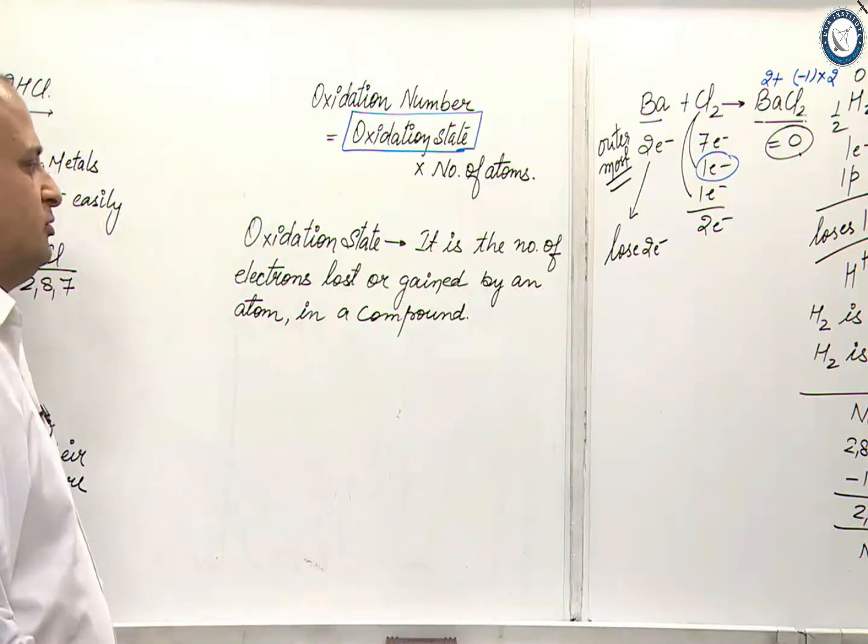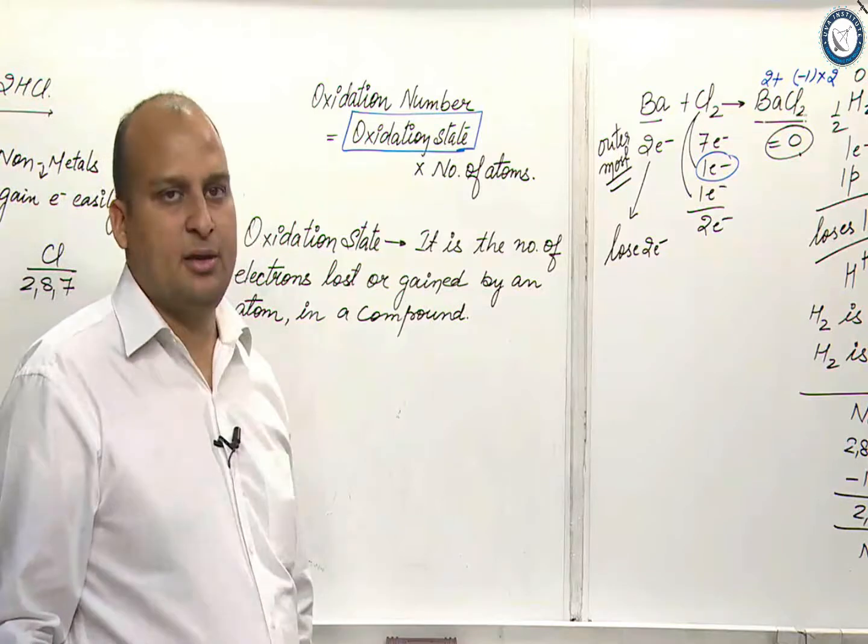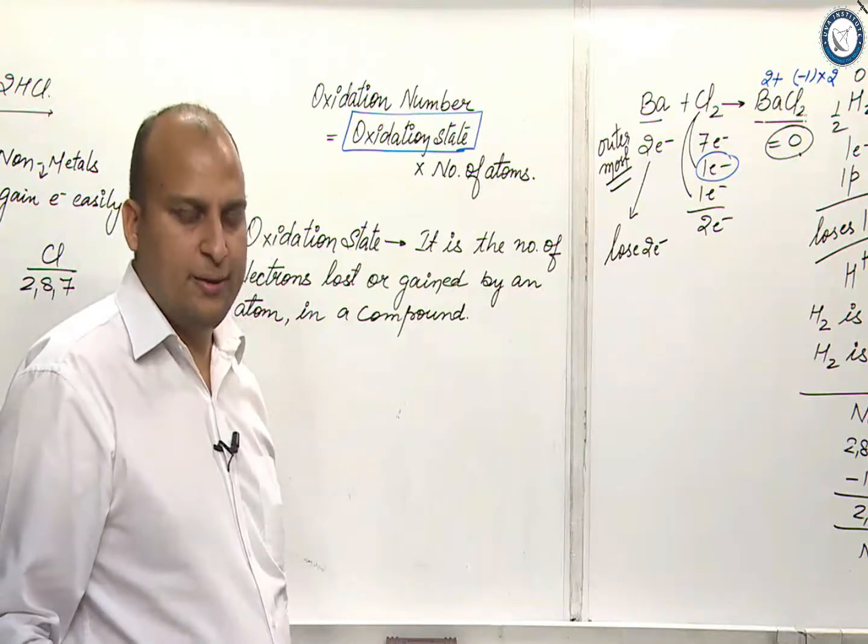It is the number of electrons lost or gained by an atom in a compound. Okay?